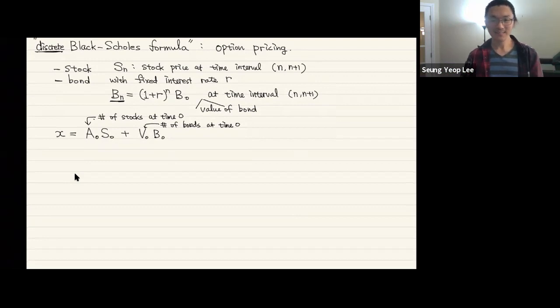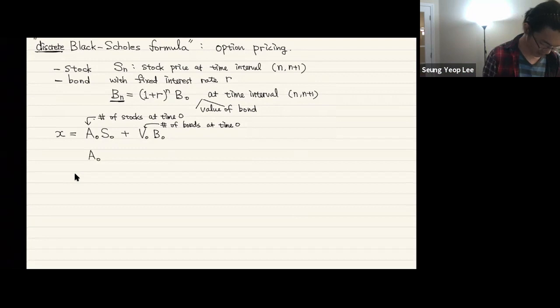And then the stock price will change. Somehow the initial time is not 0 but 1.